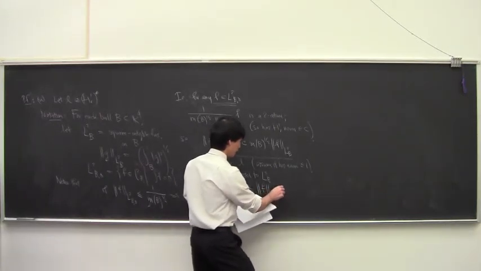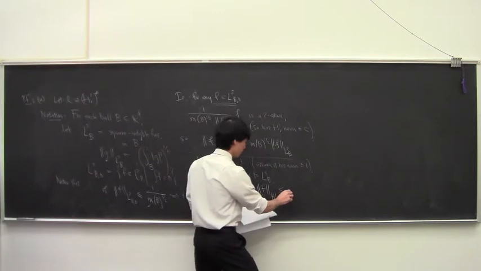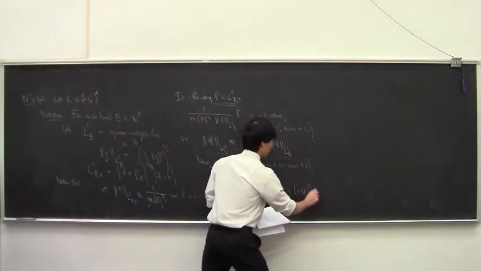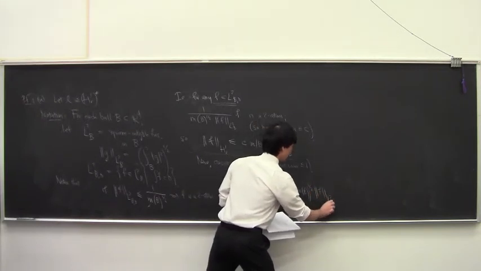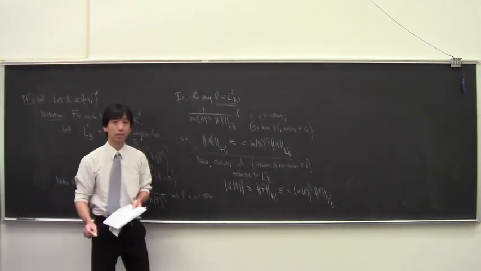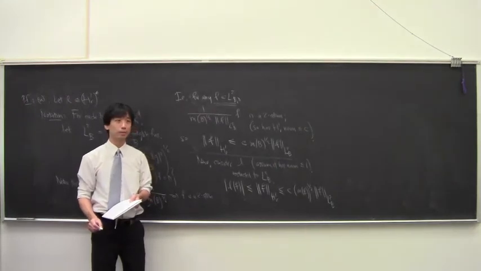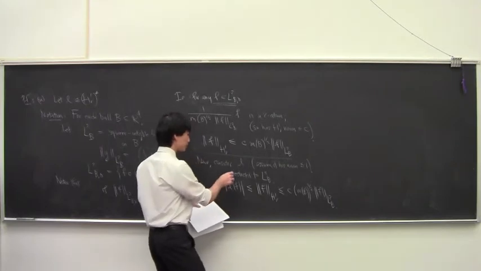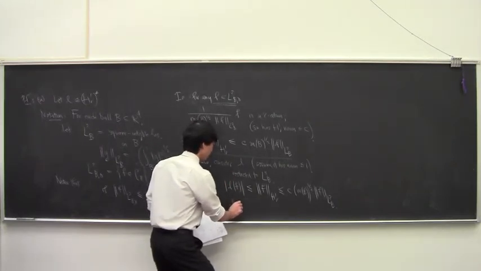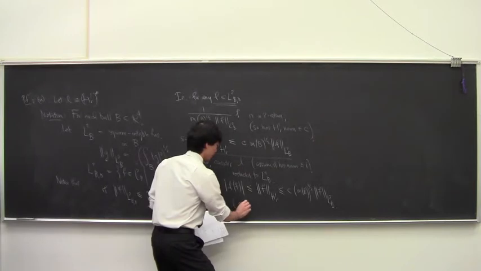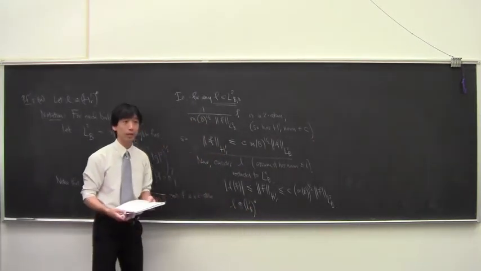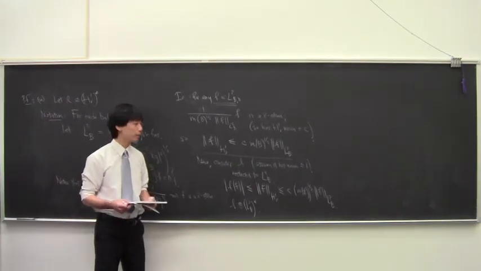But we just saw that the H1 norm of F is controlled by some constant times the square root of the measure of the ball times the L2B norm. So what that tells you is that L is a continuous linear functional on L2B,0.